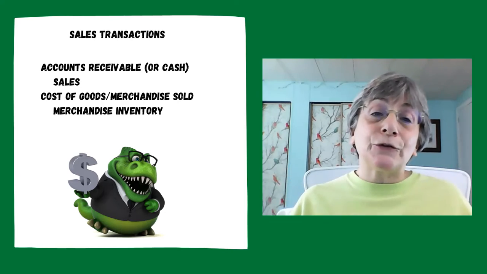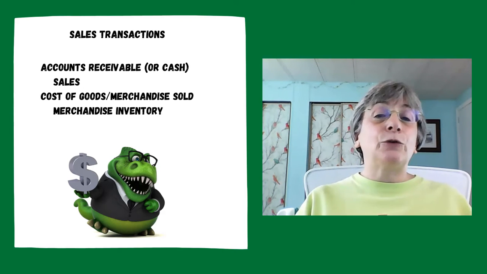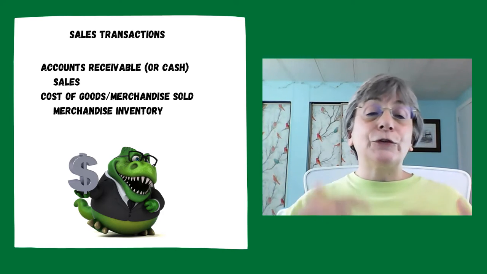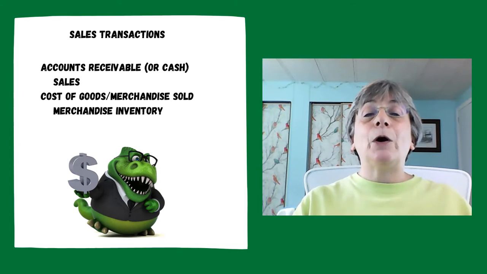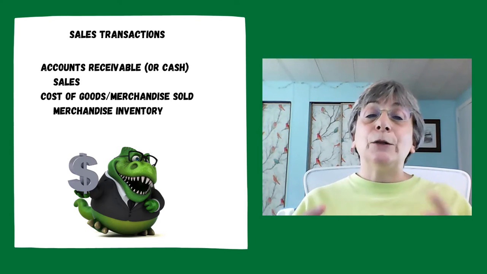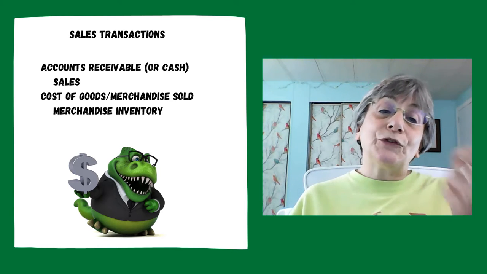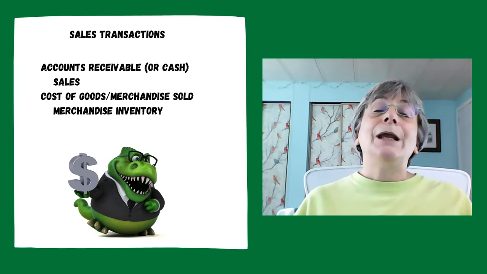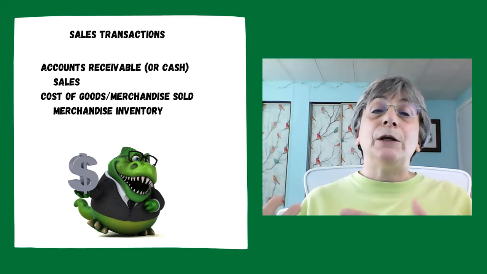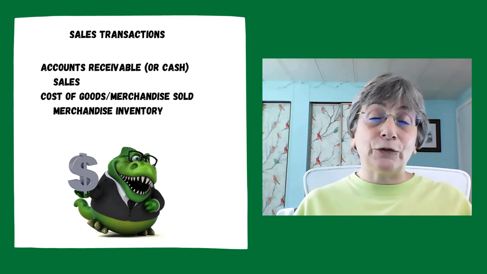But let's look at some sales transactions. We've done sales transactions before, and the basic transaction doesn't change. Since this is perpetual inventory, every transaction will have both a sales part and a cost of goods part. The basic entry is accounts receivable, or cash if our customer is paying in cash, and the credit side is going to be sales to increase our revenue account.